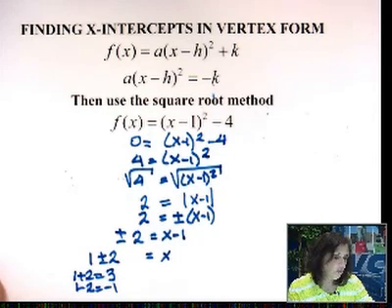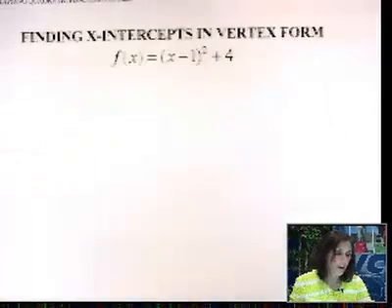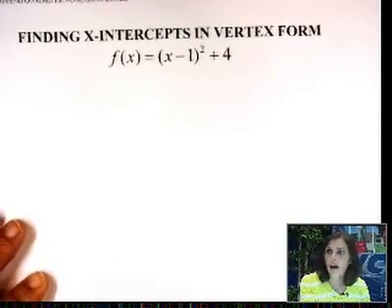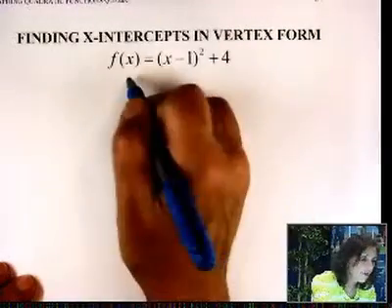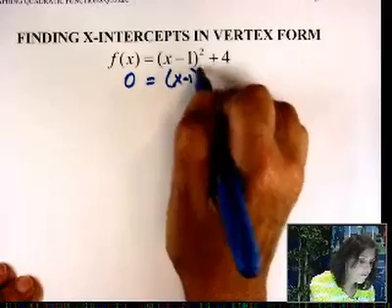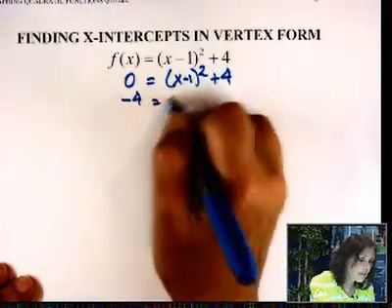So let's do another one. x minus 1 squared plus 4. Okay, how am I going to find the x-intercept? Same way. Set y to 0. Move 4 to the other side.